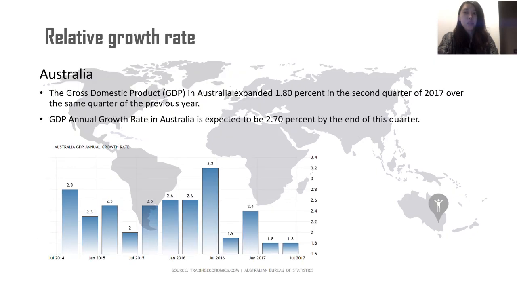On the GDP growth rate side, we can see those charts of each country. The growth rate in Australia expanded 1.8% in the second quarter of 2017 over the same quarter of the previous year, and it appears to be stable, with future forecasts rising.